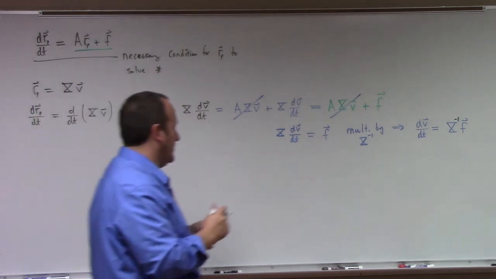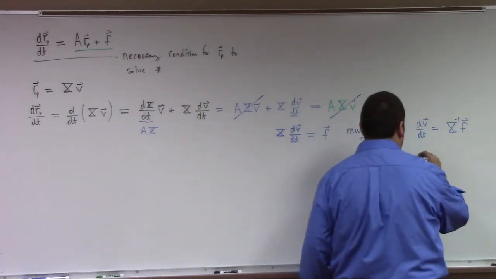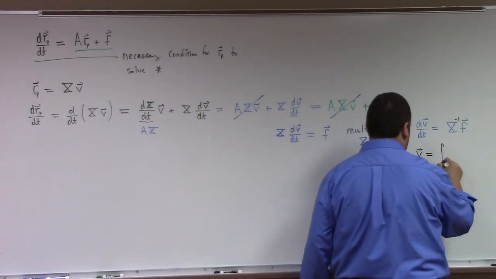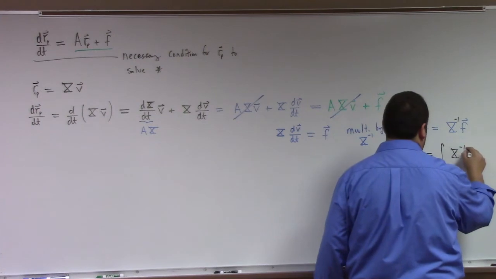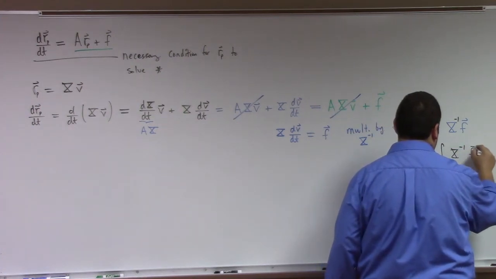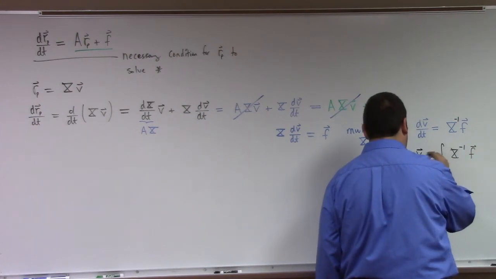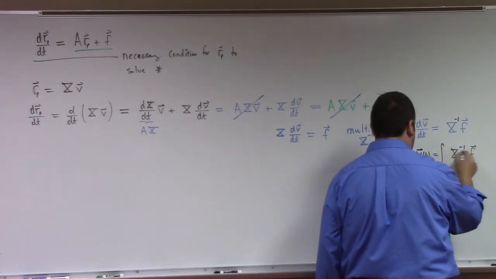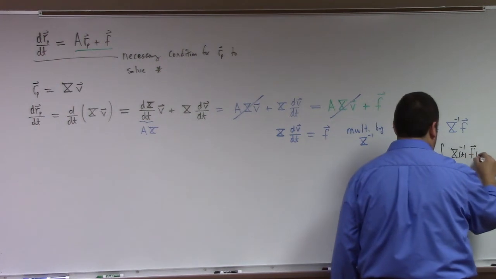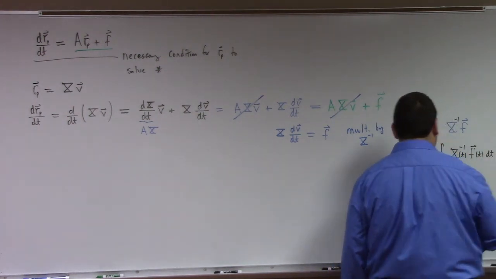Oh, integrate. I'm sorry, it's wrong of me. So v equals the integral of x inverse f. And then at this point, we need to put in some time dependence, right? So let's say v of t is equal to the integral of x inverse of t, f of t dt, like that, if you like.